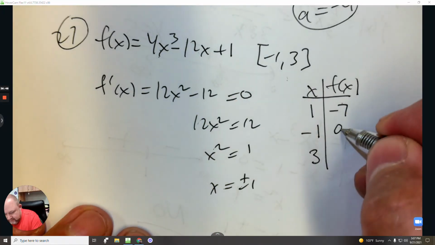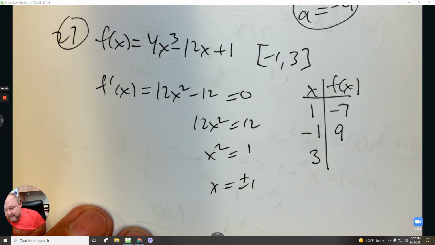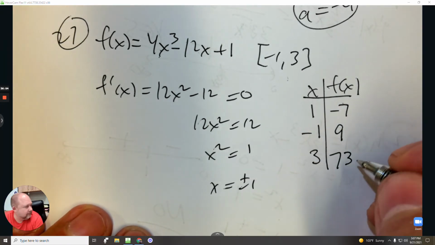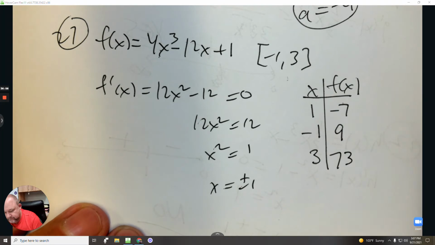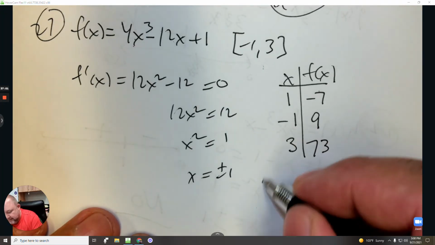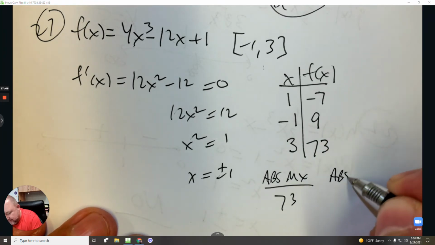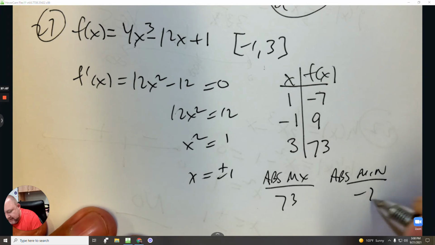Was it 9? And then if I plug in 3, I get 73. And so the absolute max is 73, and the absolute minimum is negative 7.